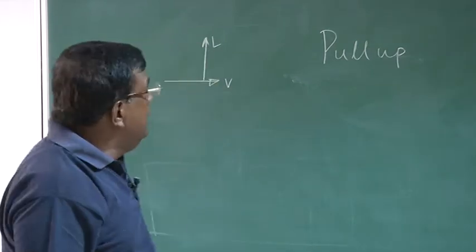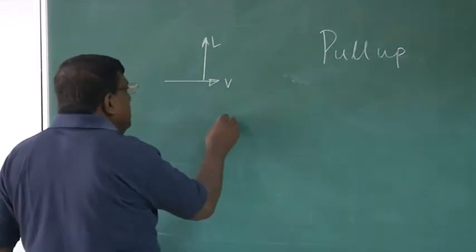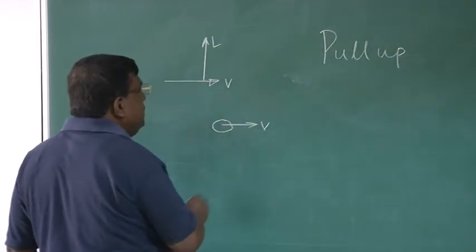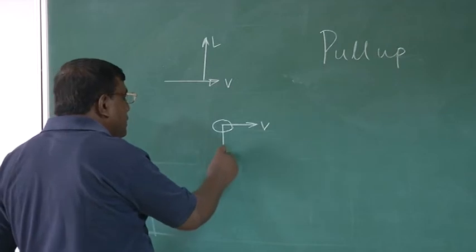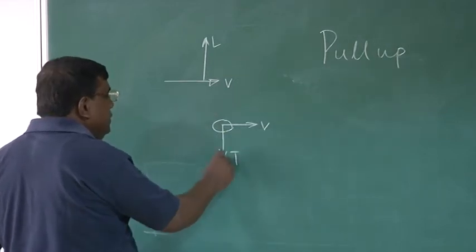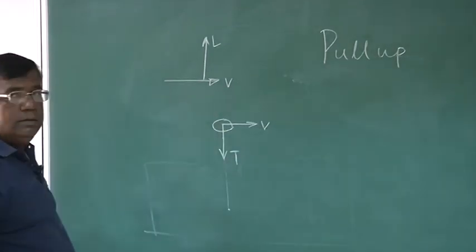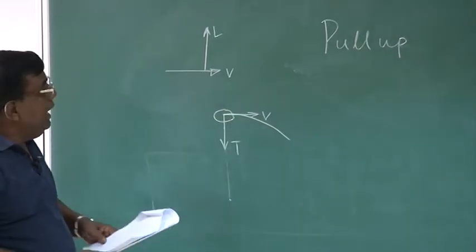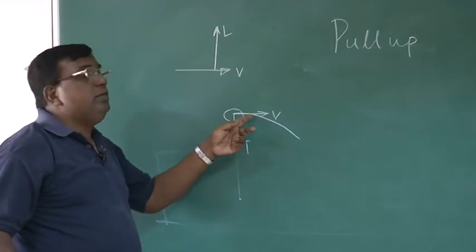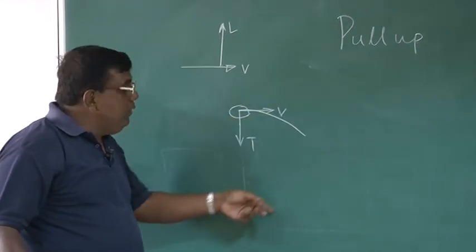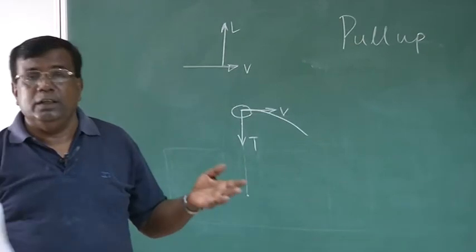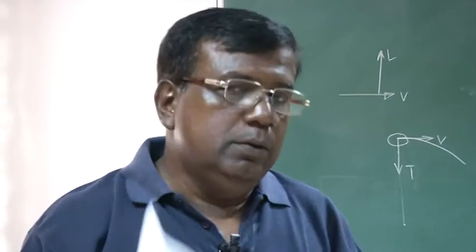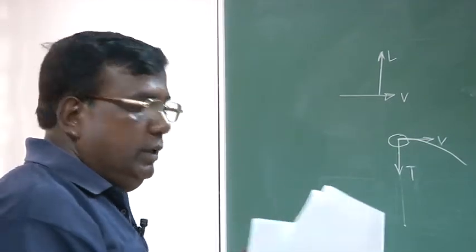Now think, if a body is moving in this direction and you are pulling it by a string, with tension, what happens? It goes into a curved path, right? And this force is perpendicular to velocity. This reminds you of centripetal acceleration. Am I correct? So we will be using that understanding to model a pull-up maneuver.